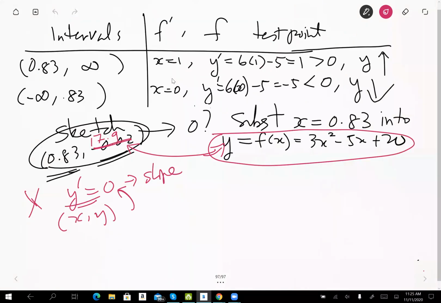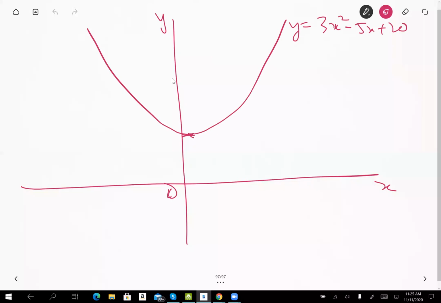From there you get the graph. So from the equation, by making use of the derivative, you can determine the intervals for which the function is decreasing or increasing, and from there you have an idea how the curve looks.